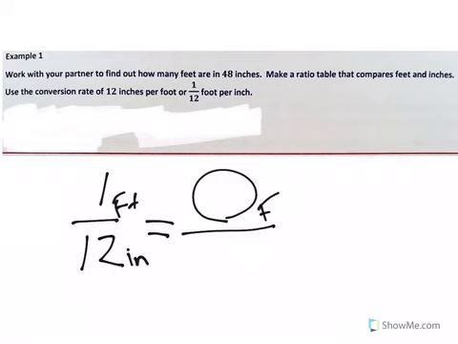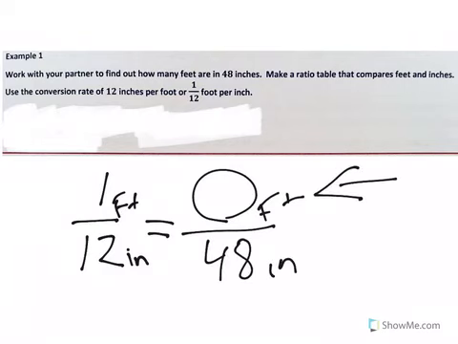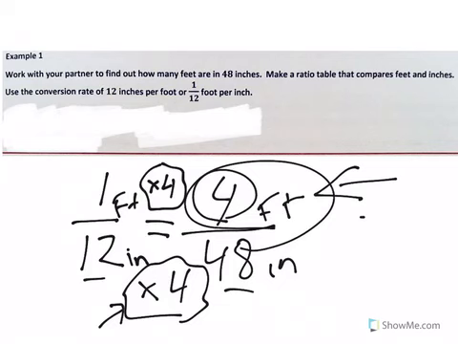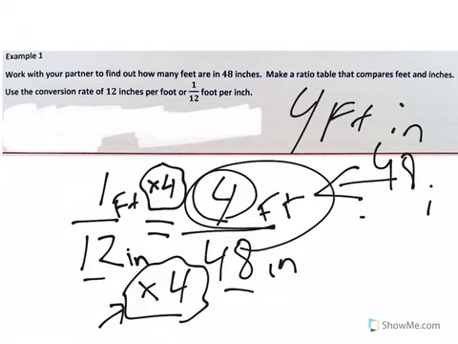How many feet in 48 inches, right? So this is going to be my answer here. 12 to get to 48 is a constant or magic number of 4. If I didn't know that, I could take 48 divided by 12 and I would get my 4, right? If I do that, I've got to do the same thing up here. 1 times 4 gives me 4. So I know there are 4 feet in 48 inches.